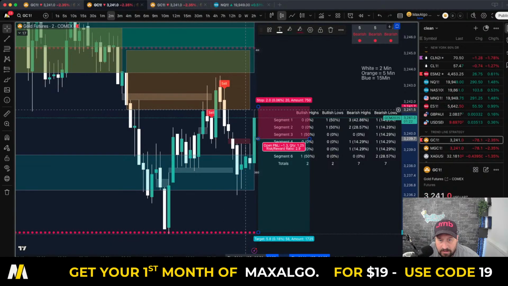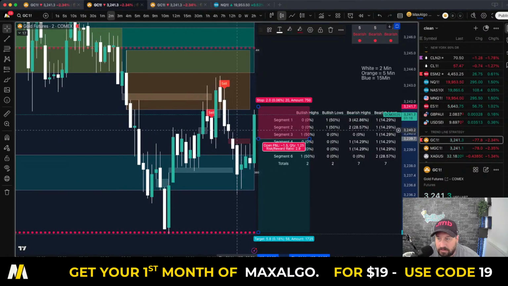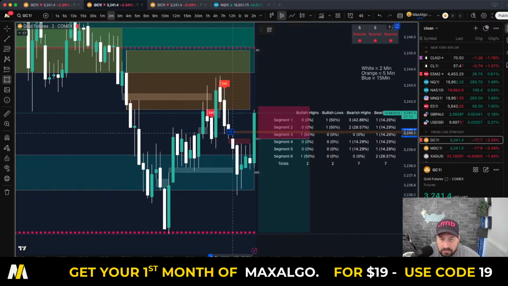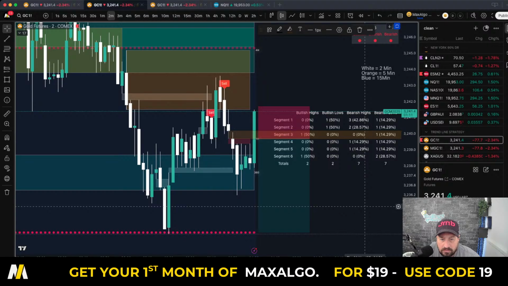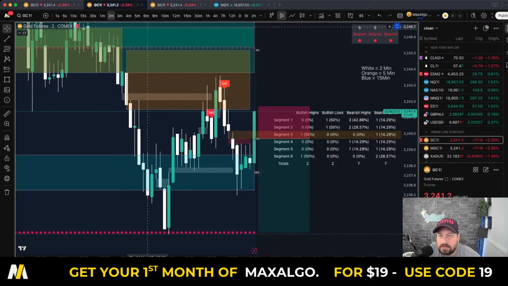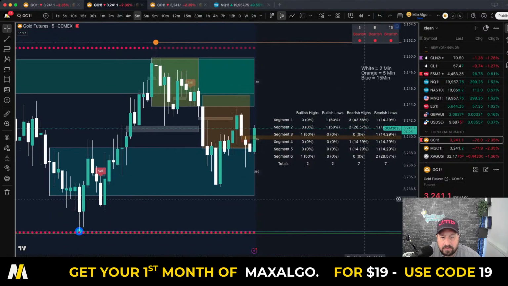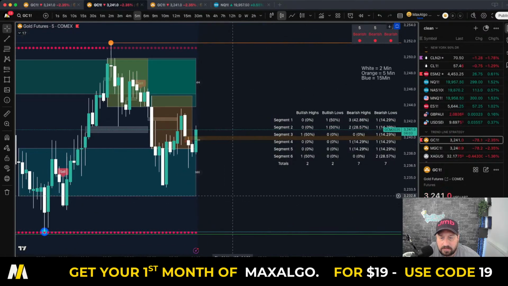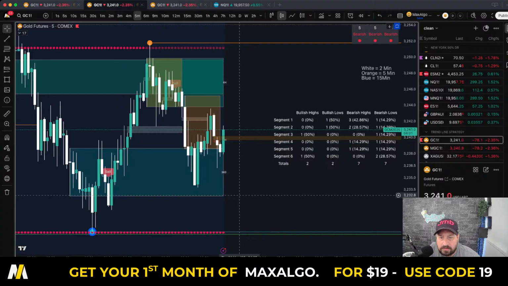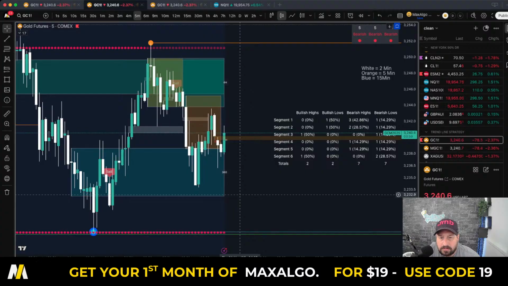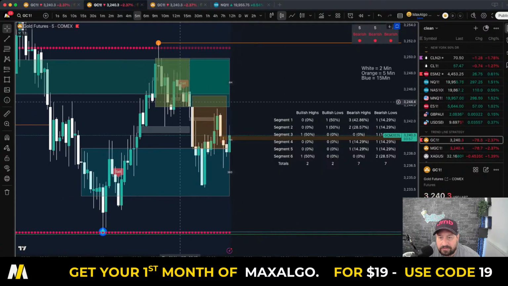Just keep that high. Looks like we might then use that the other way. Let's have a look on the 5-minute. Yes, it's there on the 5-minute as well. Nice sell on the 5-minute out of here.